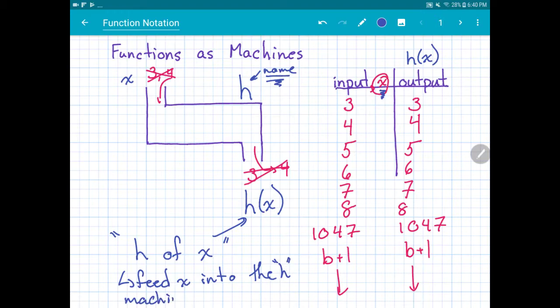And the H machine does nothing. So this just says do nothing. Okay? So that's all that this is all about. We're just trying to describe what the machine is, what it's called. It's called H. What got fed in? X. And what does it do? It does nothing.